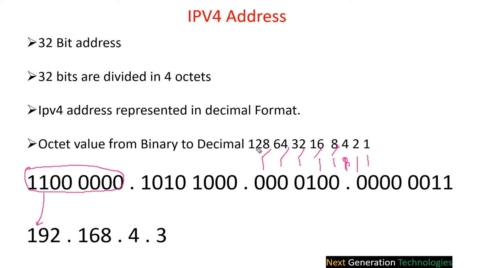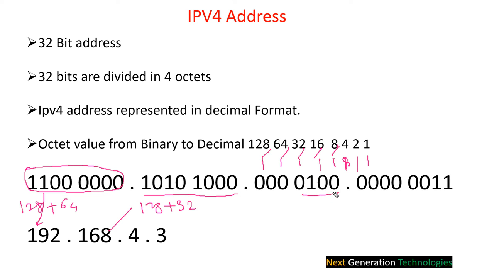For example, this one represents 128, the second digit represents 64, so 128 plus 64 is 192. In the next octet, 128 plus 32 is nothing but 160.